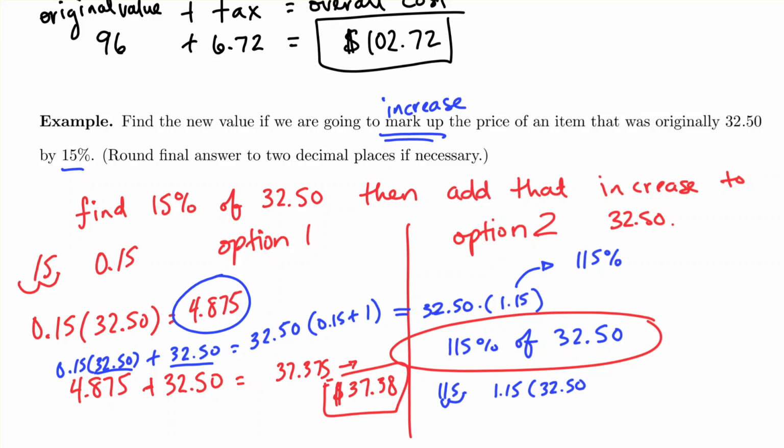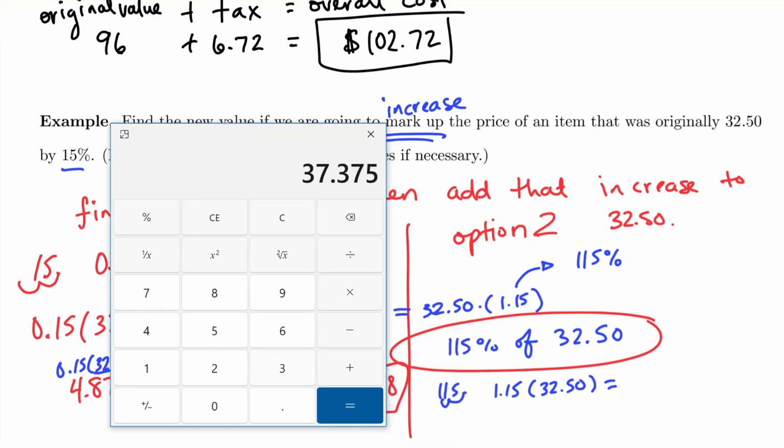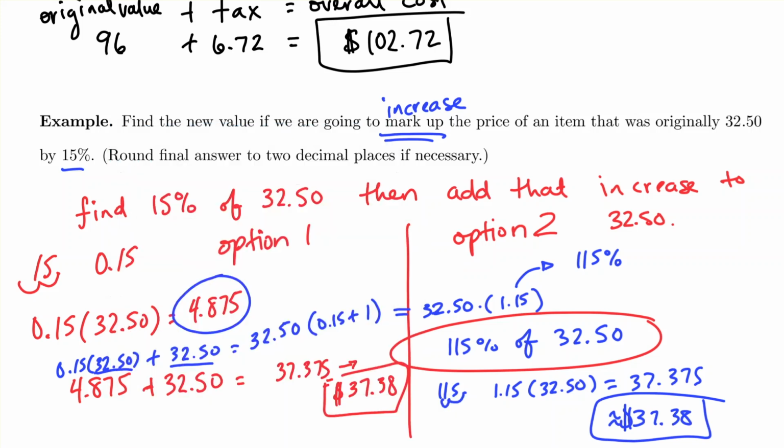Multiply that by 32.50, and we get the same value, 37.375. We round that and we'll get a dollar value of 37.38. So take a moment to think to yourself, would you prefer solving this option 1 or option 2? Both will always work, just up to each individual.